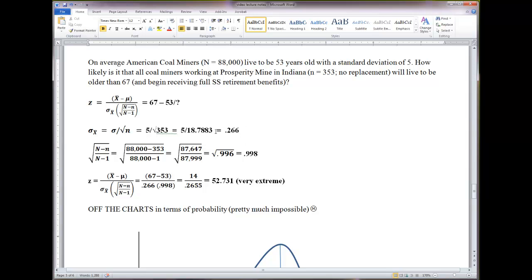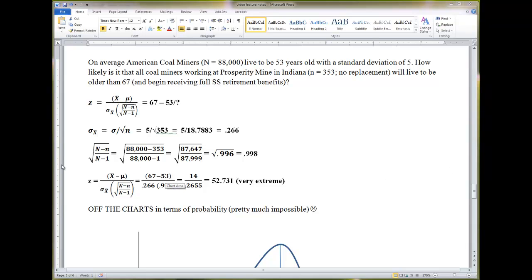So now we have part of this formula here, this part. So let's find this next: the square root of the population size minus the sample size divided by the population size minus 1. We plug in our population and our samples here in the correct spots, we do the calculations, and we end up with 0.998 as the correction factor here.